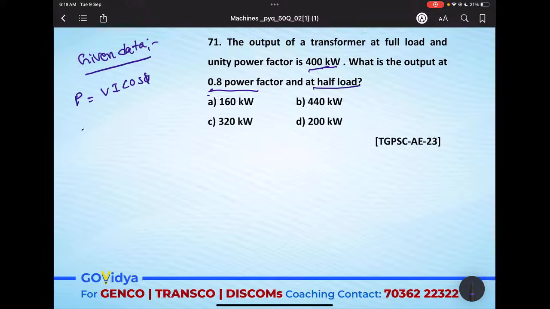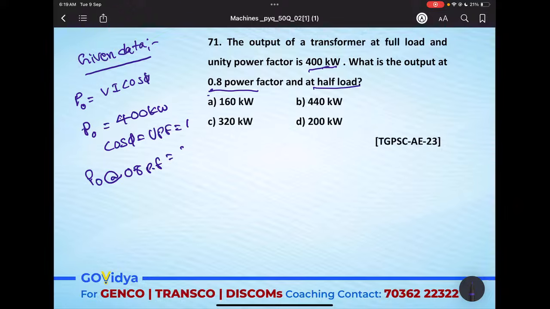What they given? P output is given as 400 kilowatt and power factor cos phi is 1. What are they asking? Output at 0.8 power factor and half full load.